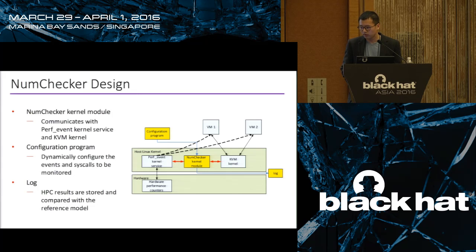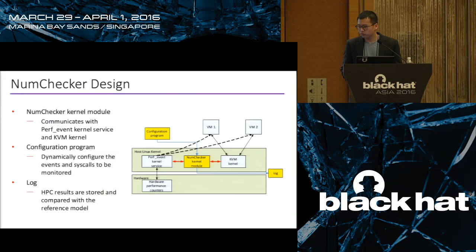The second module that we add is the configuration program that runs in user space. Because there is a limited number of counters on the CPU, but there are so many events to count, and if you count the number of syscall combinations along with the events that you want to count, there will be a huge number. So we developed a configuration program. You can turn on which syscall and event combination you want to count.